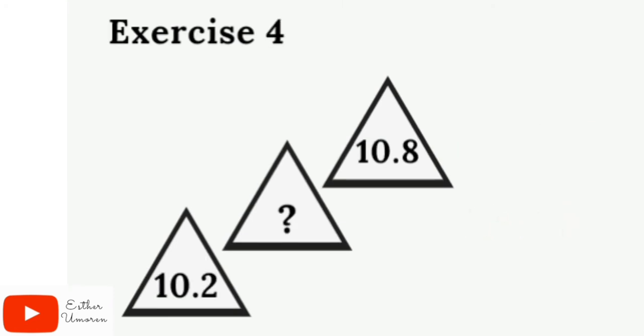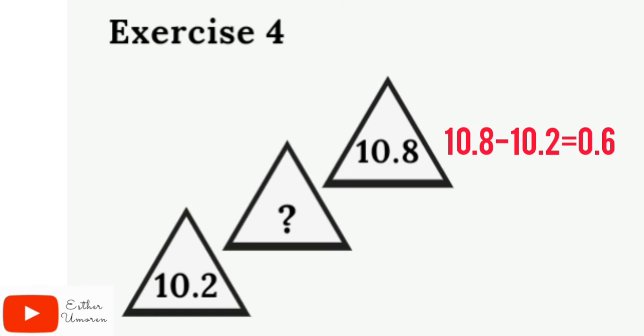All right, exercise 4. All right, we have 10.2, we have the question mark, and 10.8. This is similar to what we had in exercise 2. All right, so we will simply subtract. We'll say 10.8 minus 10.2. That gives us 0.6. Note that the 0.6 is the difference between the lowest and the highest triangle.